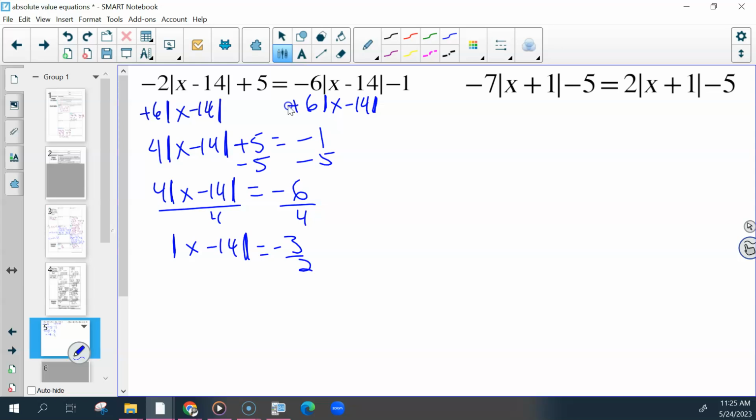Can we keep going with this one? It's negative, so because of that, we can't keep going. It's no solution. We stop.